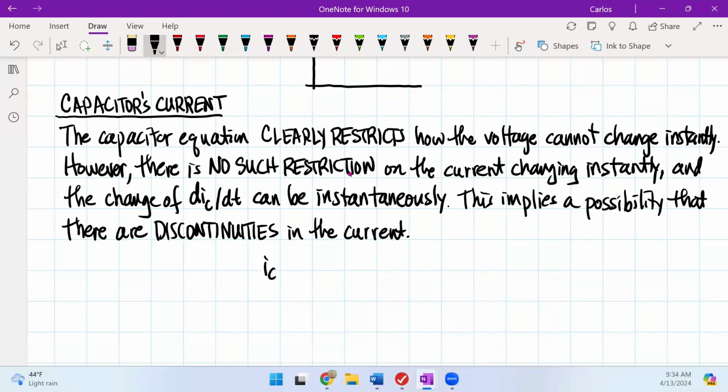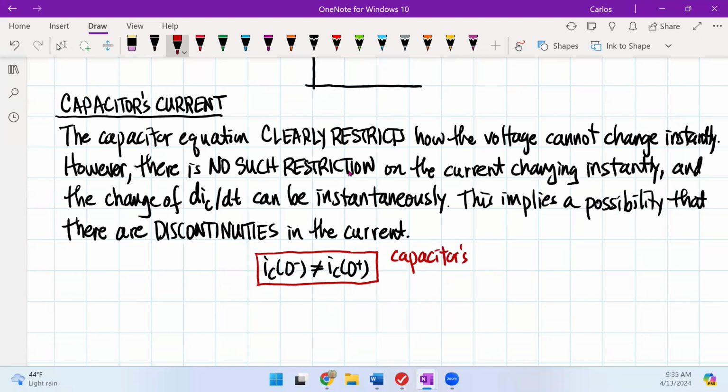So in other words, Ic of 0 minus and Ic of 0 plus, in fact the majority of the time, are not the same once the switch is thrown. So then we say that the capacitor's current can change instantly.